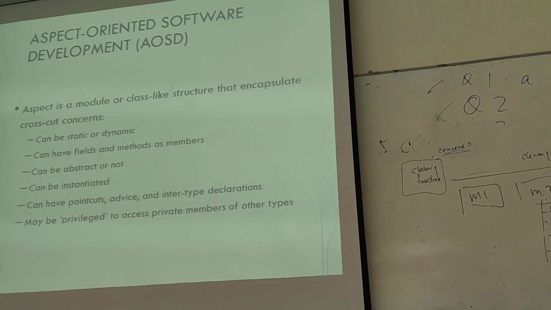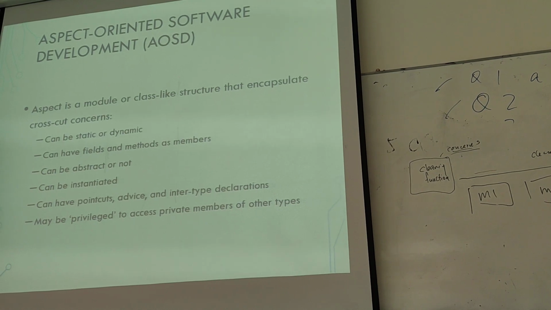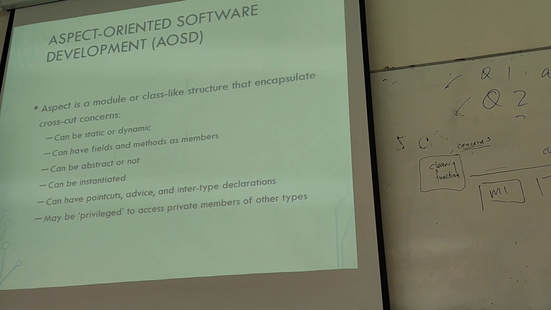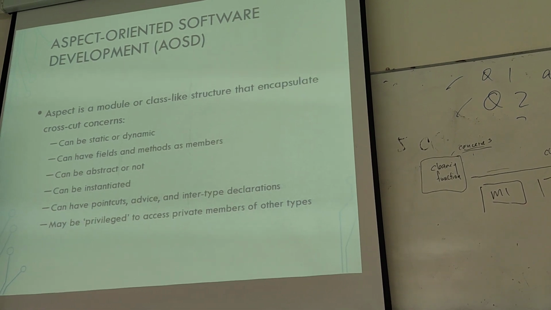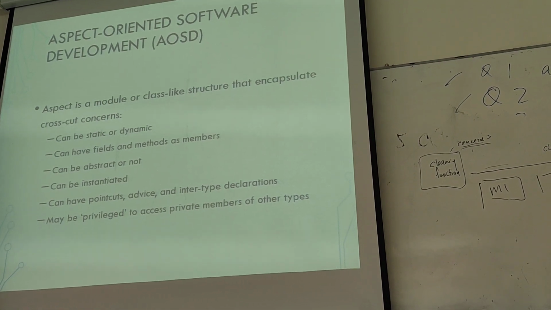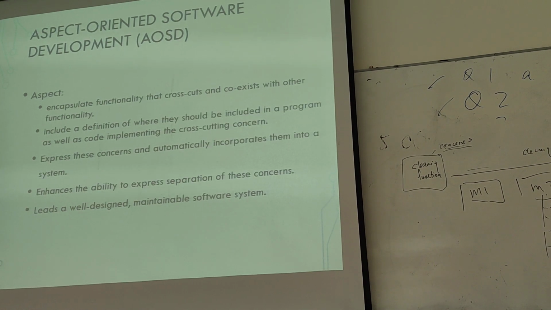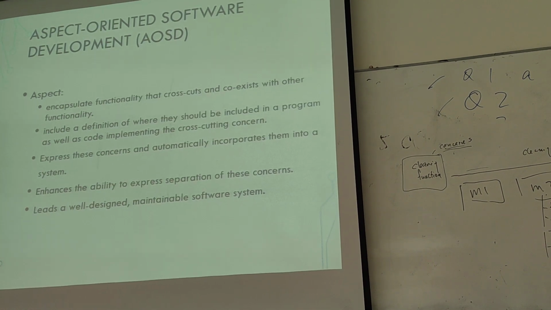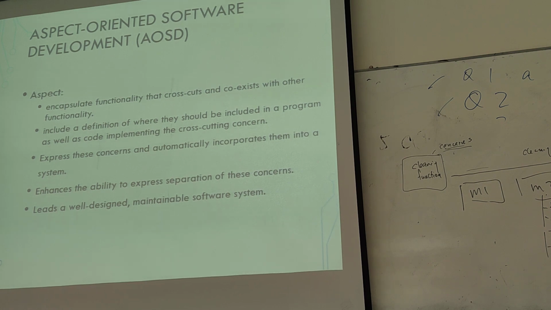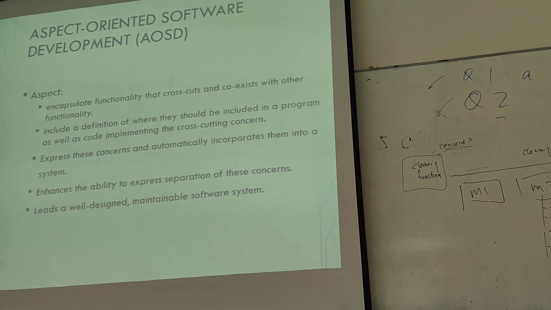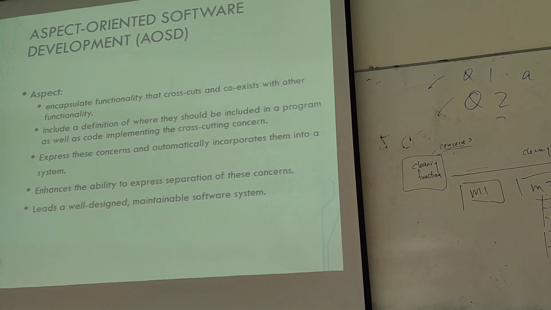These are actually to identify at which point a particular function should be executed. It may have queries to access private members of other types. An aspect encapsulates functionality that cross-cuts and coexists with other functions. So this concern is separated out, and we call it an aspect.